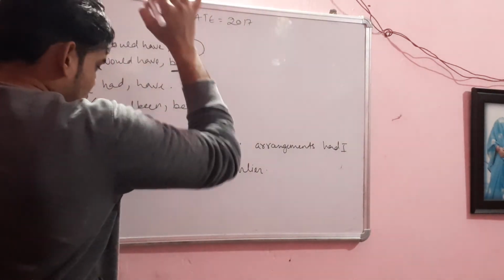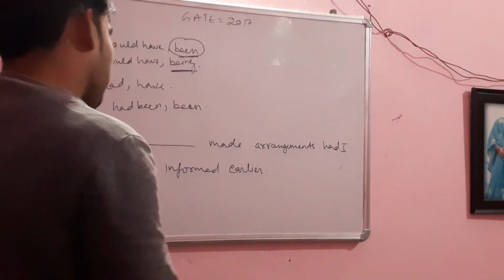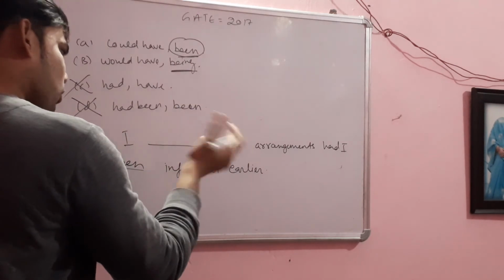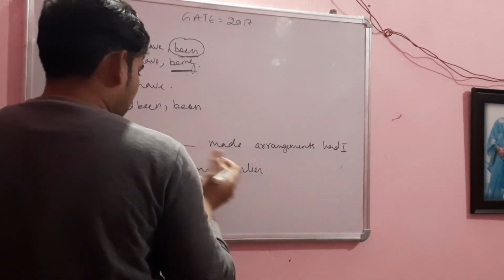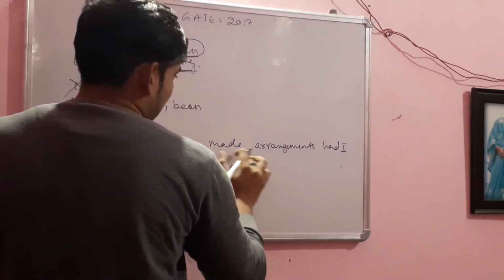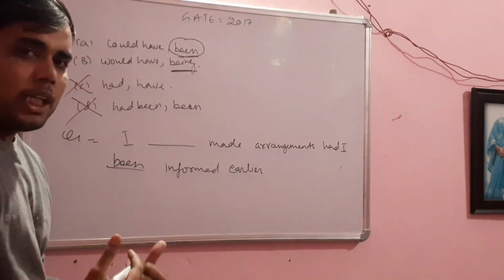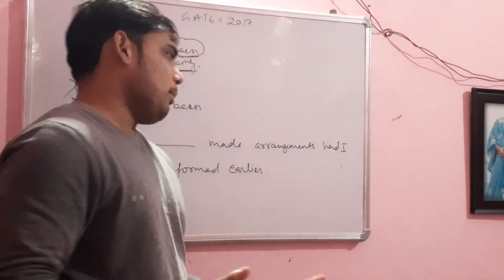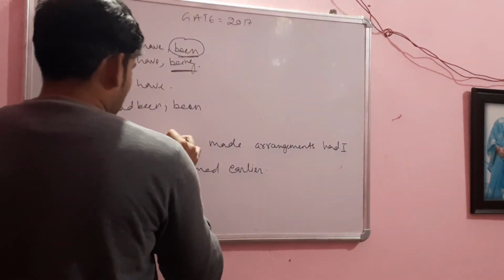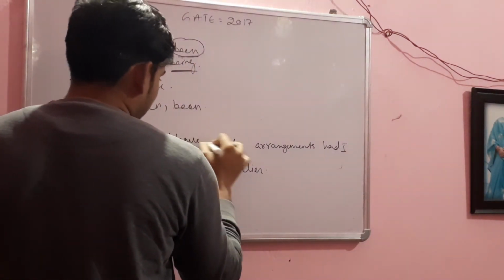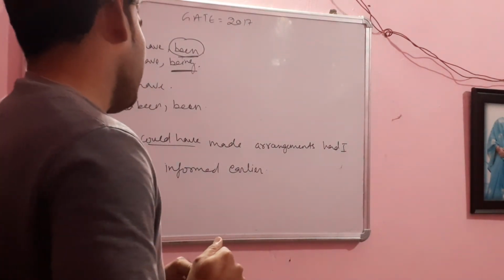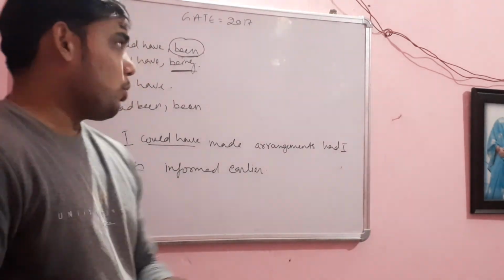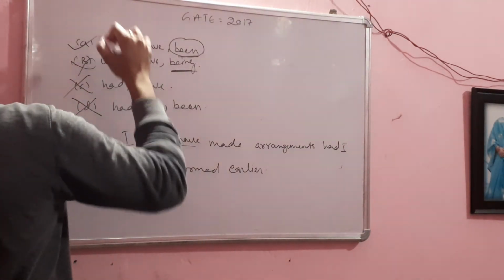So been is your correct option for your second blank, and could have, I would have, could have, that sounds similar. I could have made arrangements. I can make arrangements if you inform me earlier. It is as simple as that. Okay, I could have made arrangements had I been informed earlier. So your correct option will be option A.